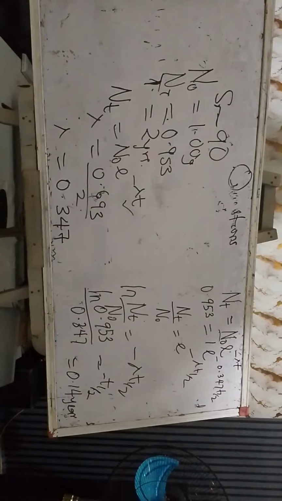To calculate it in curie, just multiply your answer after getting your initial activity by 3.7 times 10 raised to power 10. At least you should know how to calculate activity now. I have done that in a previous video on how to calculate activity, so you can go through the video and see.